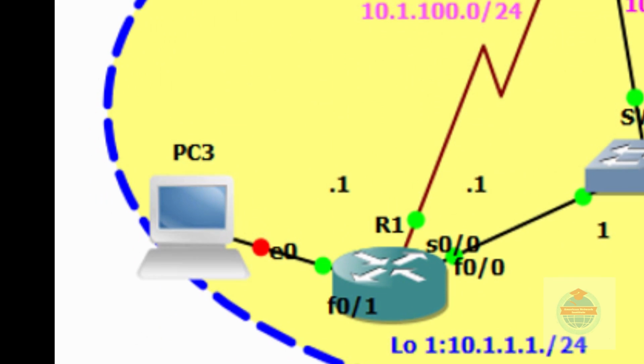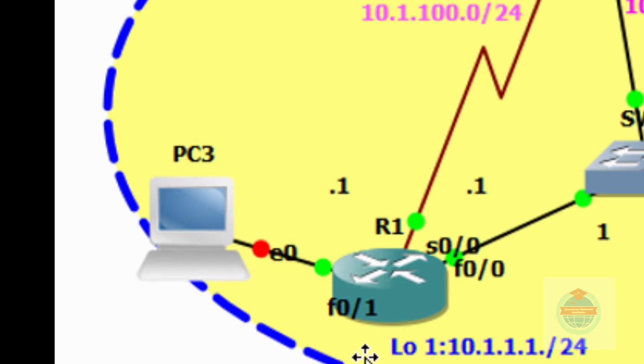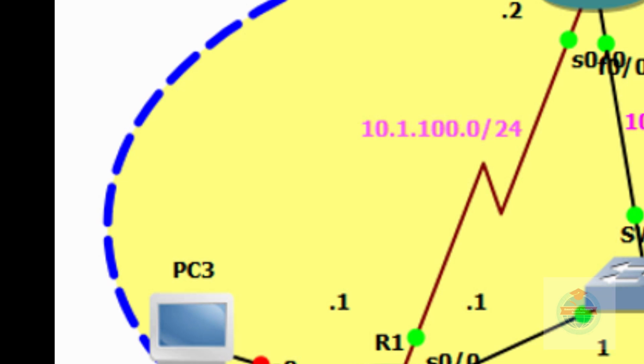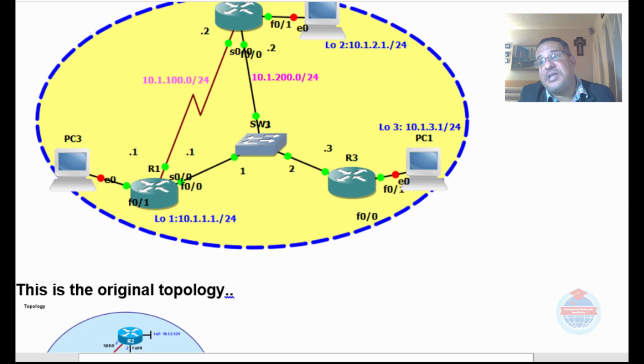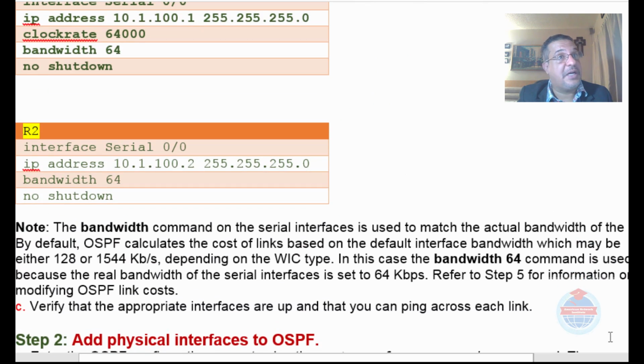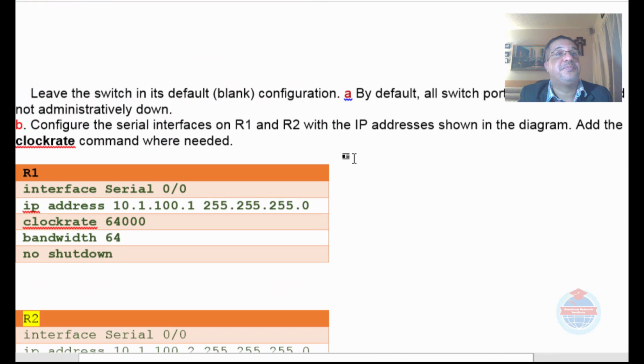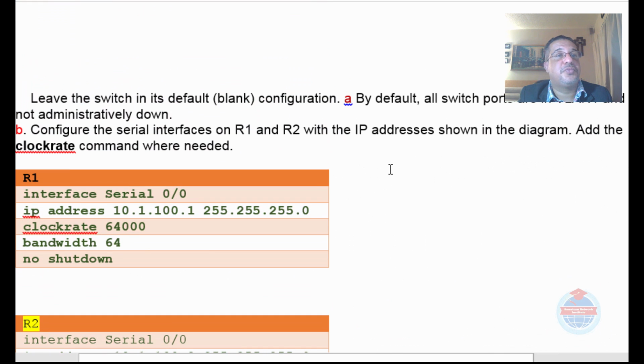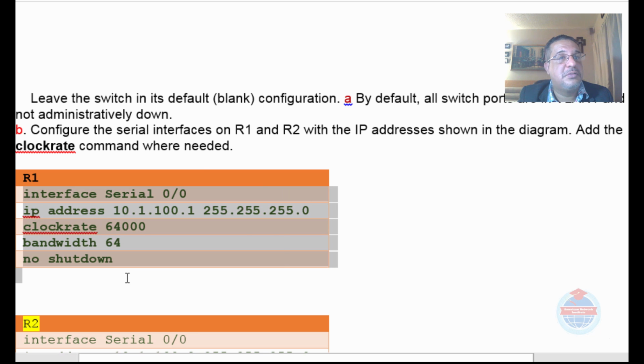Remember that we're only using two zeros instead of three zeros over here. So on that serial, our clock rate is going to be the same as our DCE that you saw in the graphic. Got it, guys? Hopefully you do. So on R1, we're going to do the same process.